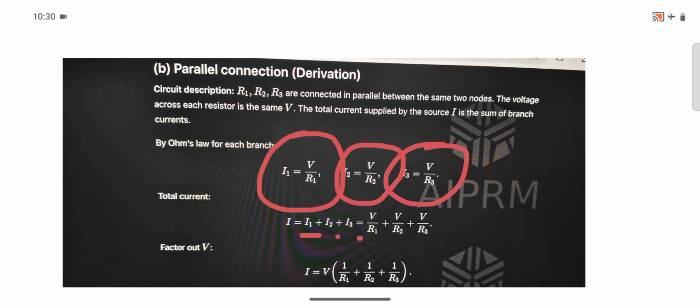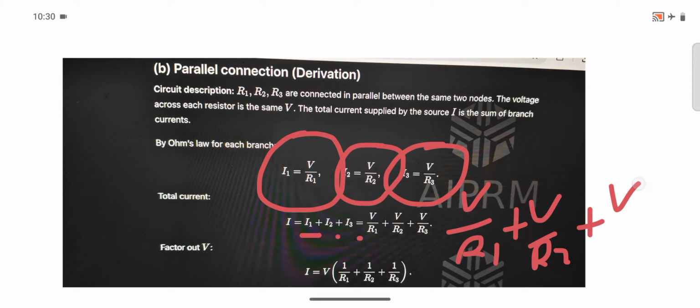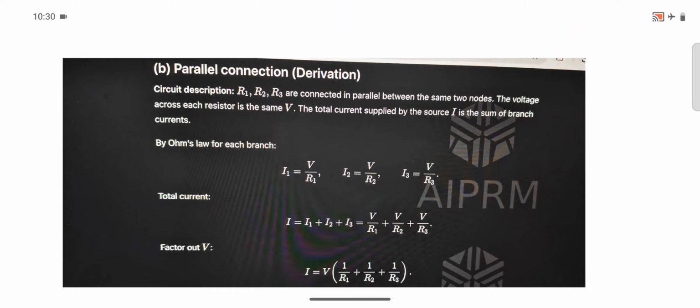We can write V divided by R1 plus V divided by R2 plus V divided by R3. Now we will take V common.